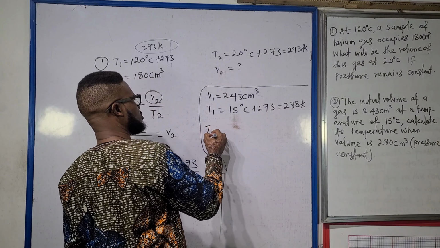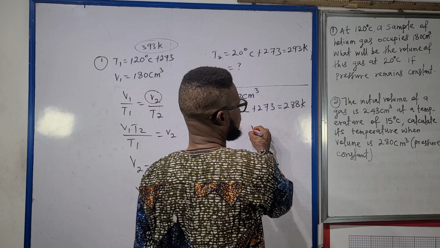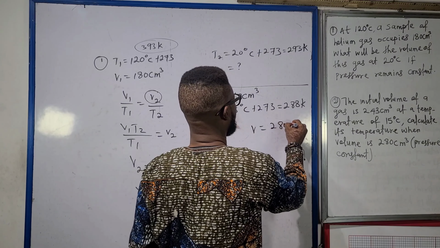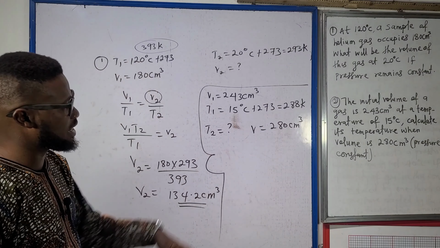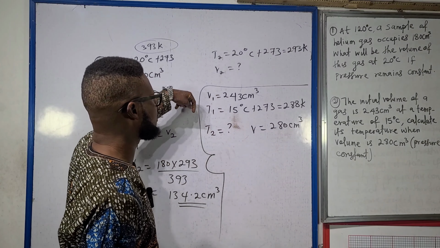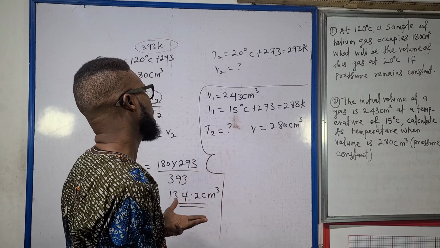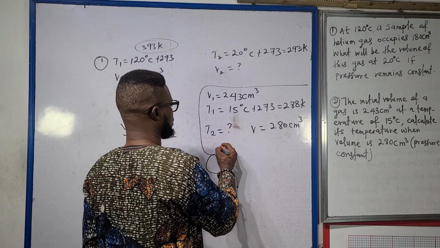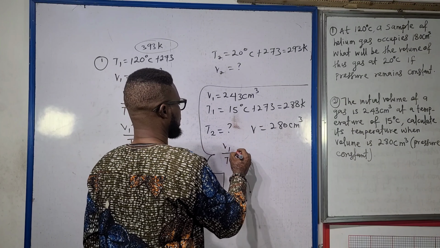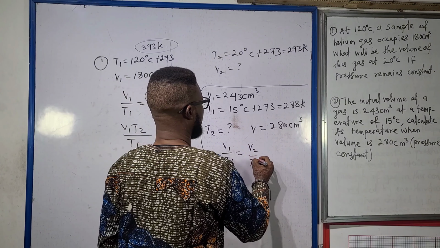So I'm looking for the new temperature when the volume is 280 cm cube, pressure constant. If the volume had increased from 243 to 280, I expect the temperature to increase correspondingly.